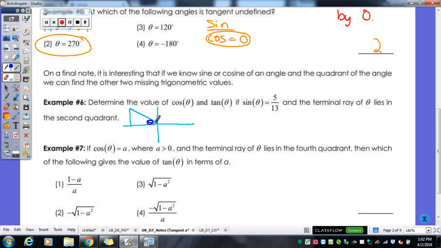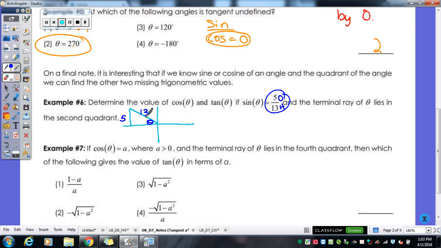So they tell us sine is 5 over 13. So that is your opposite side and your hypotenuse. So my opposite over here is 5. 13 is my hypotenuse. We have to figure out that missing side of our triangle. It's another triple, 5, 12, 13.